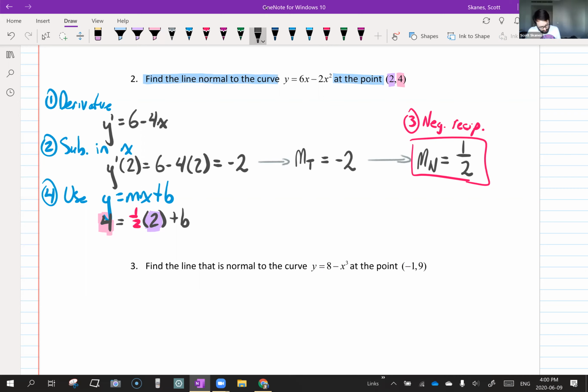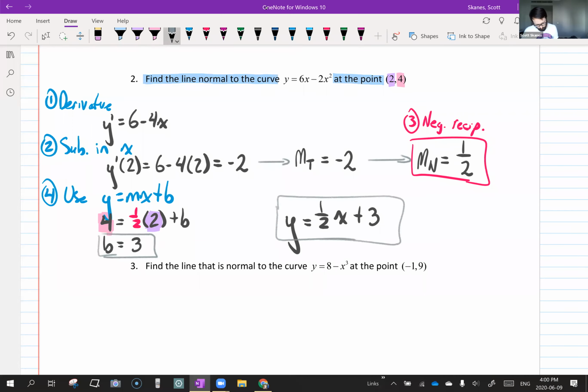That gives us a b of 3. That's exactly right. A half of 2 is 1. 4 minus 1 is 3. And now we have all of our pieces. All we need to do is graph it. Sorry, not even graph it. We just need to write it out. mx plus 3. I won't graph this one, but I could.